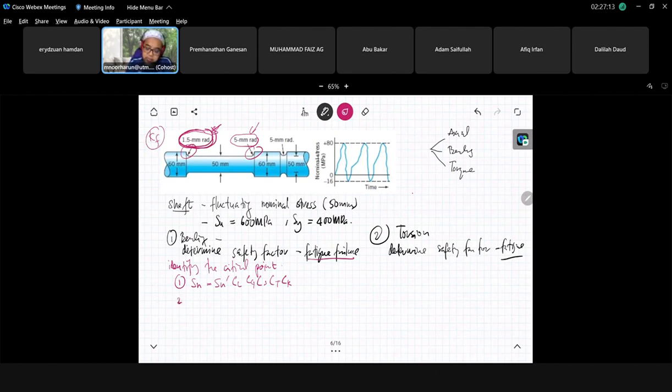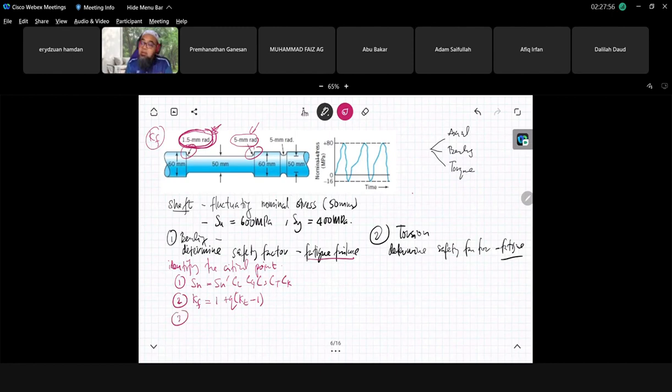The second one, Kf, equals 1 plus Kt minus 1. So we need to calculate Kf, for the critical point.